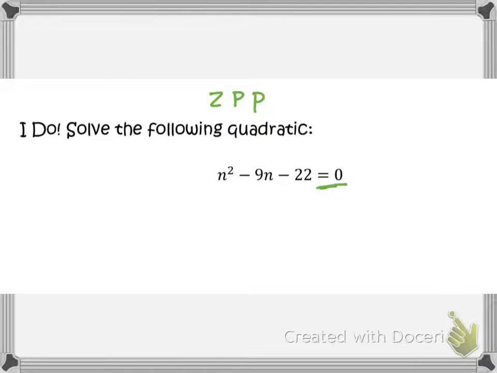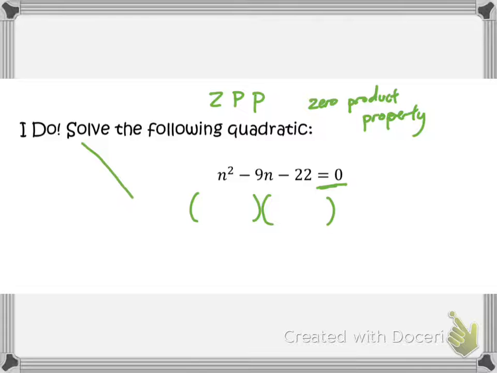If you guys remember what that is, it's the zero product property. And we'll be using that to solve. Alright, so if I'm solving this quadratic trinomial, I need to factor this out. Doing the good old guess and check, or you guys can do the X puzzle.